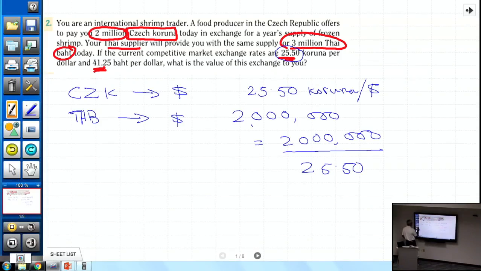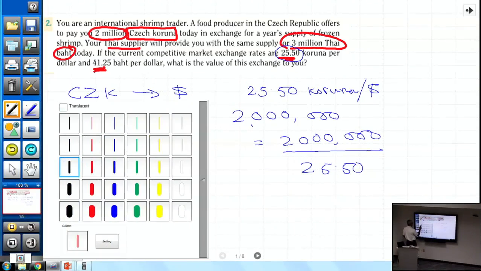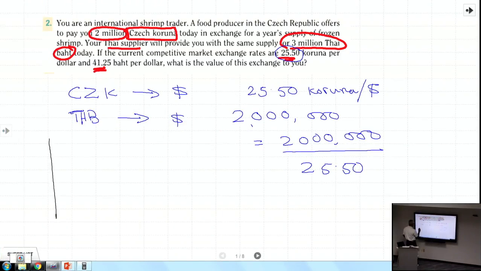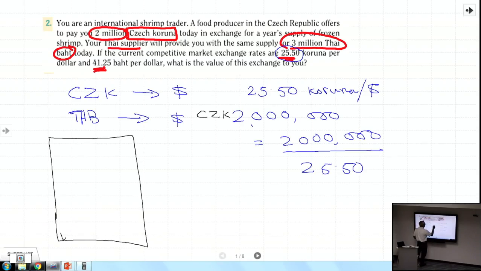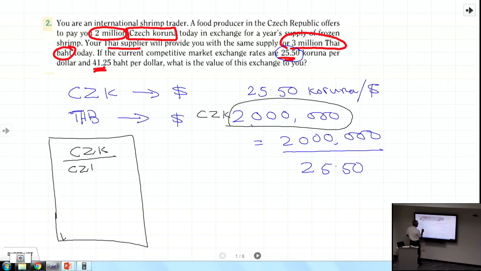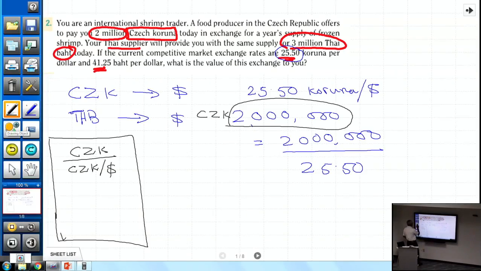Just to plot out the logic for you here. In the numerator, we had CZK, right? This is the amount of koruna. So that's CZK in the numerator. If I divide this by CZK per dollar, then what happens?